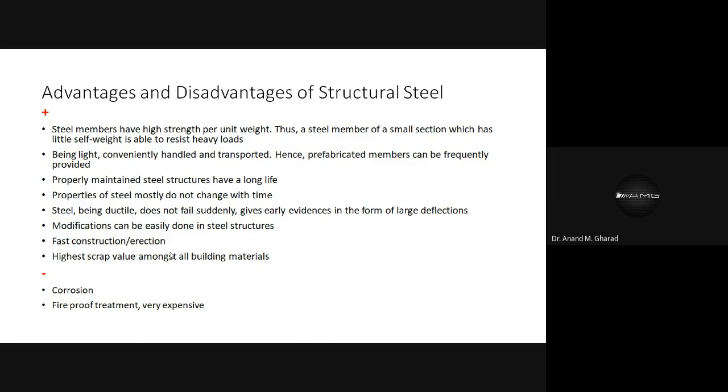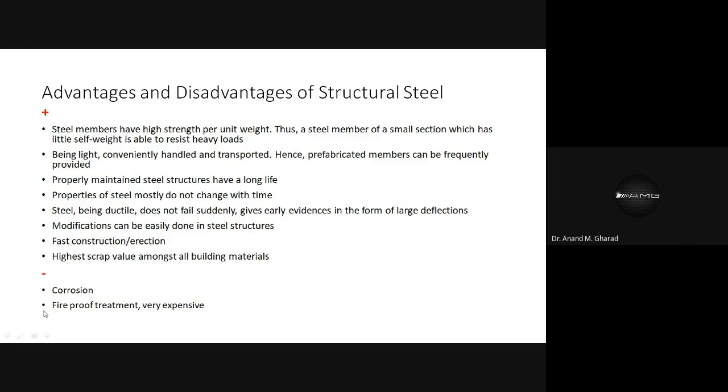You cannot call that a disadvantage; you can say it is a kind of precaution that has to be taken. Second, this may form a disadvantage: fireproofing treatment is required and it is quite expensive. So this is a disadvantage.